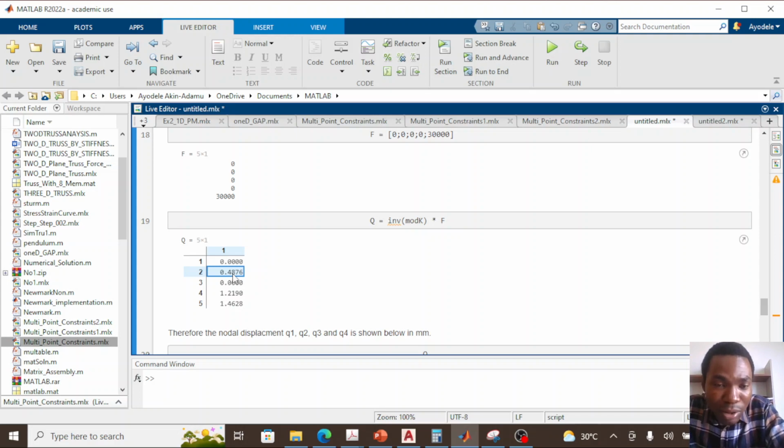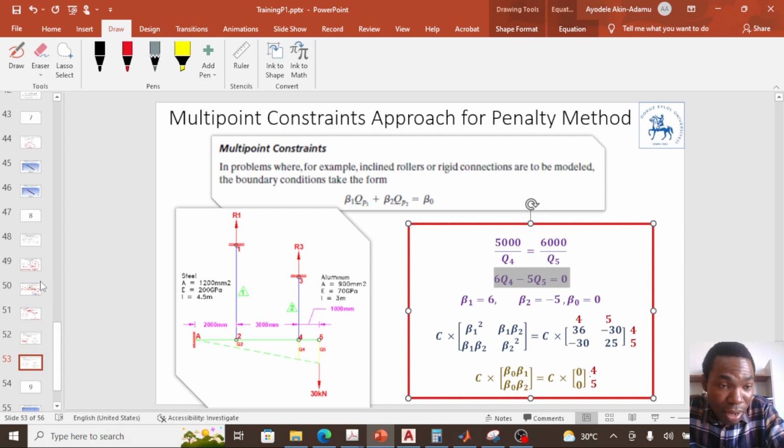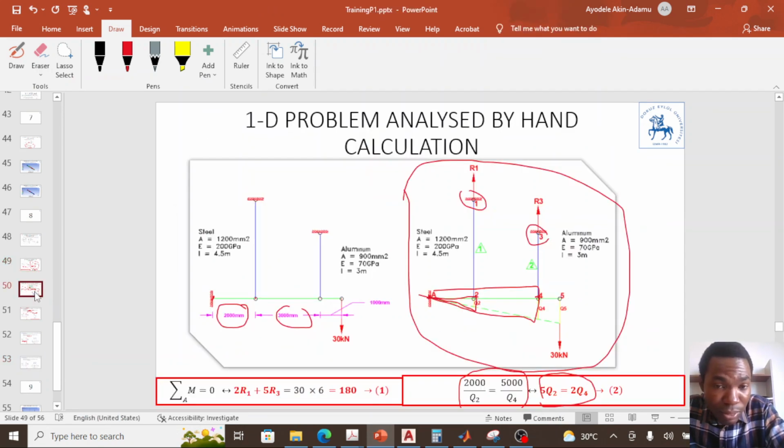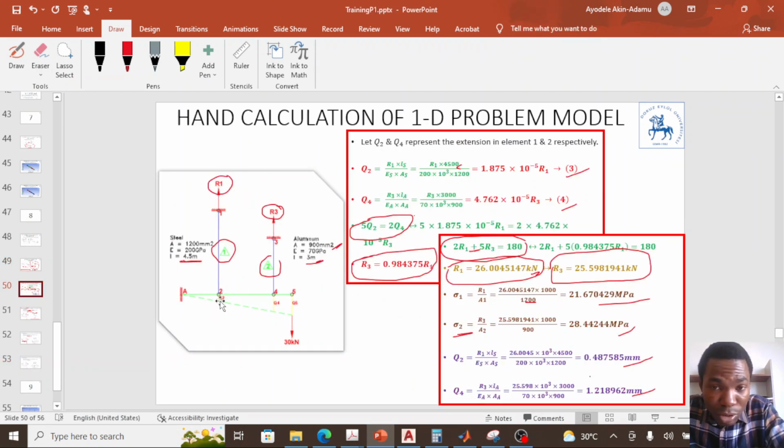So let's check the displacement at node 2 in our hand calculation. We are getting 0.4876 here. In my hand calculation, Q2 is 0.4875, 0.4876. Very identical, exactly the same as the hand calculation. Q4 is 1.2189.